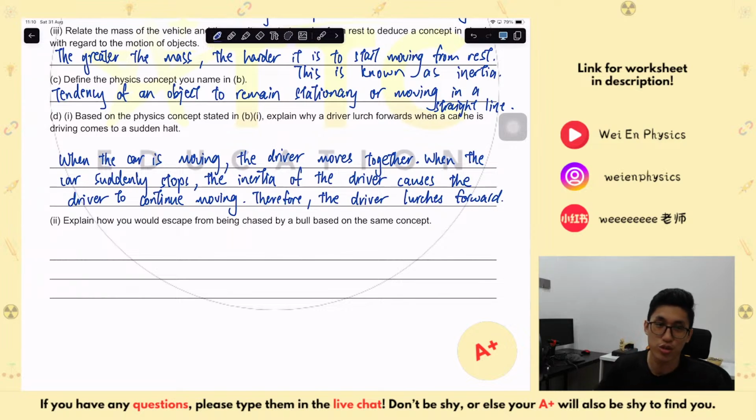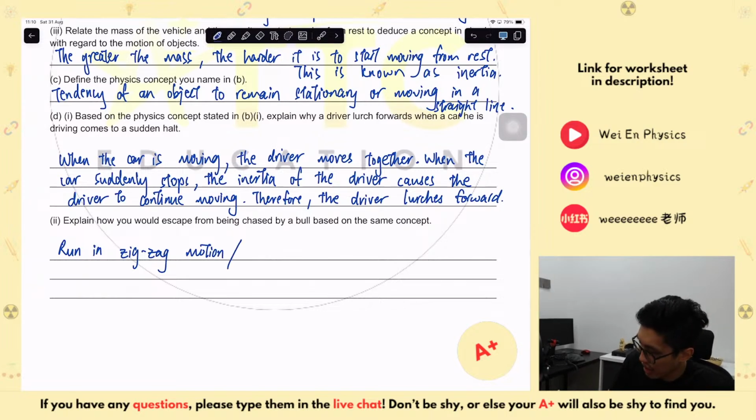You should run in a zigzag motion, or you can say change direction suddenly.